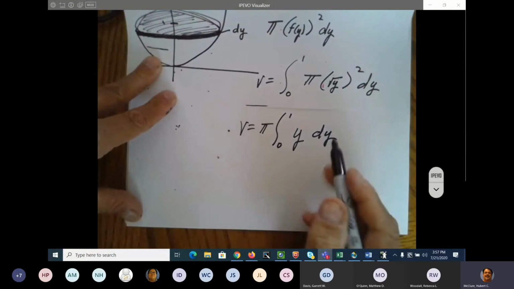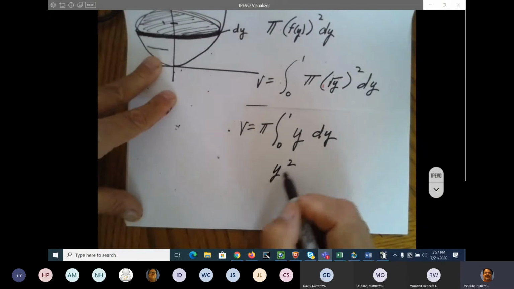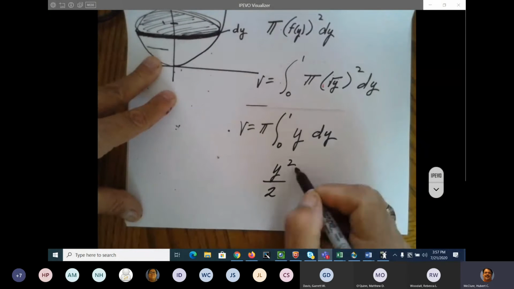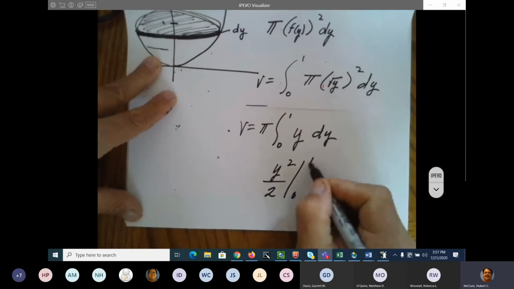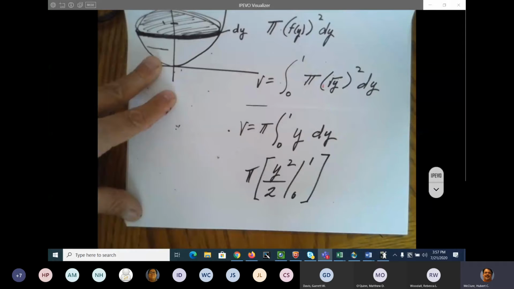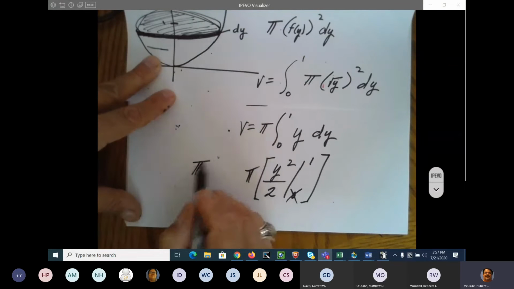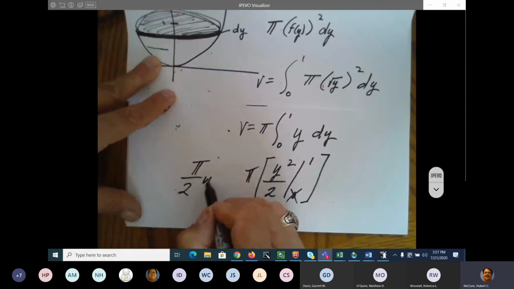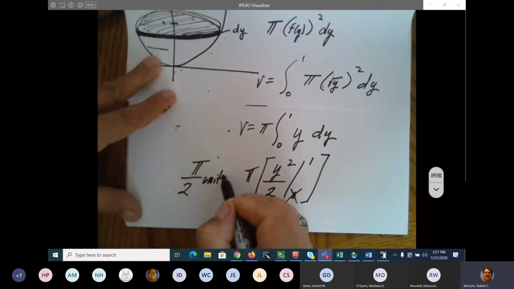And take the antiderivative, that's going to be y squared over 2, evaluated at 0 and 1, multiplied by pi, and the 0 goes out, and you're left with pi over 2 units cubed.